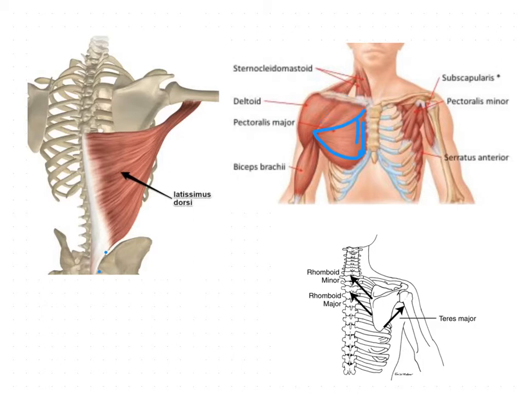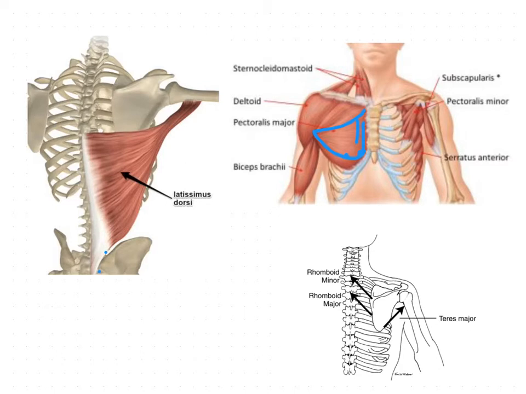Okay, so the sternal portion of the pectoralis major is a key depressor of the shoulder complex. So the action of pectoralis major parallels that of the latissimus dorsi. That means when this muscle is acting, it helps in the adduction or depressing of the humerus.